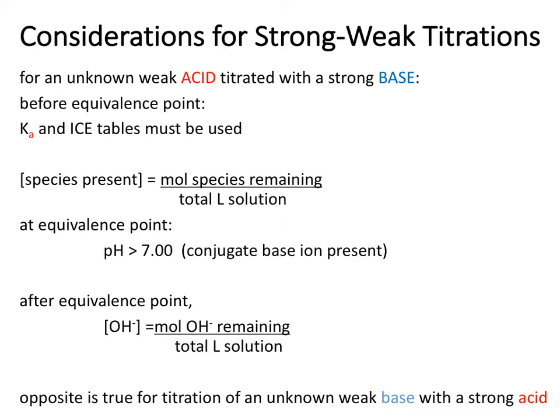Lastly, after the equivalence point, we go back to what we've seen in the past: the moles of hydroxide ion divided by the total volume of the solution will give you the concentration of the hydroxide ion at that point and allow you to calculate your pOH and subsequently pH. The opposite of what we've just discussed is going to be true if the titration setup is one in which an unknown weak base is being titrated with a strong acid. These are the considerations to have as we proceed.